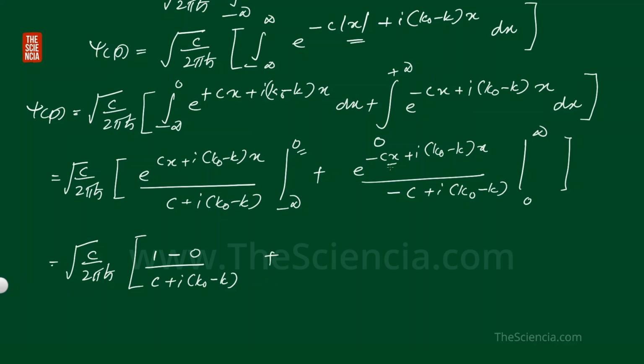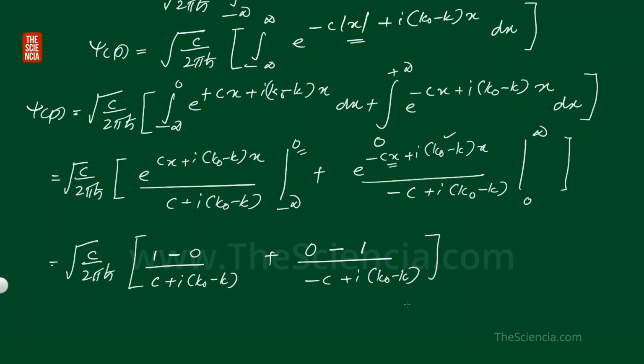Here it is minus infinity, so this will be 0, and we are inverting this term as k minus k0, so there will be a minus sign. So again we got e raised to minus infinity, which will be 0, minus the lower limit, that is 0, e raised to 0, that is minus 1 by minus c plus i into k0 minus k.